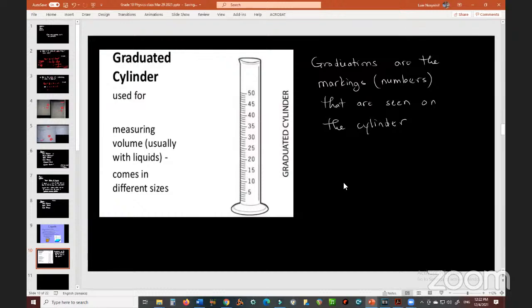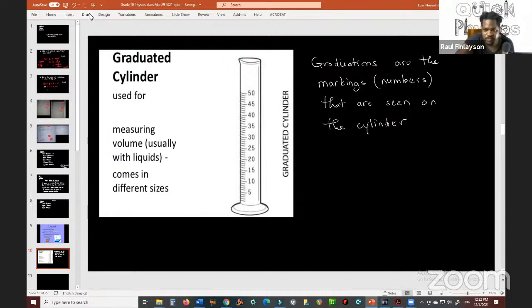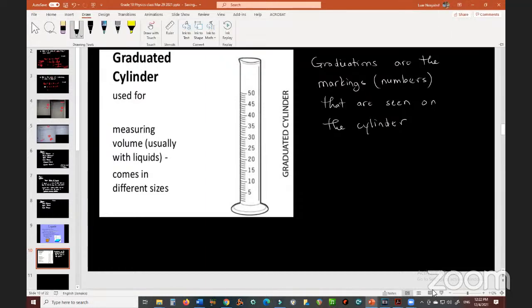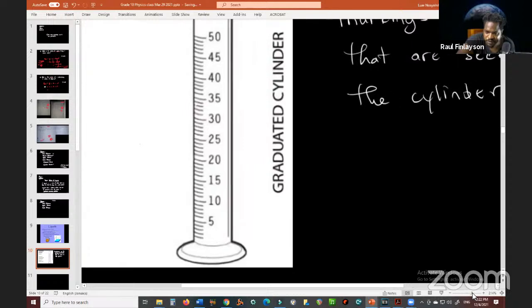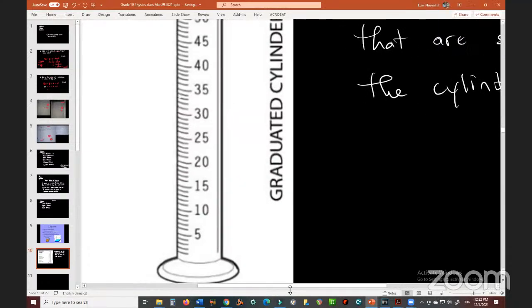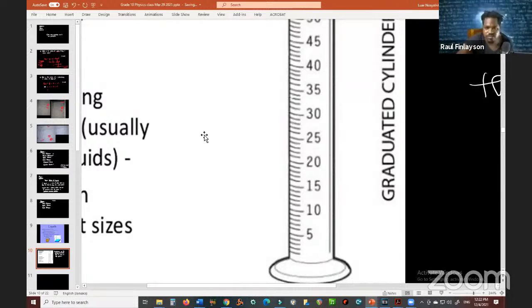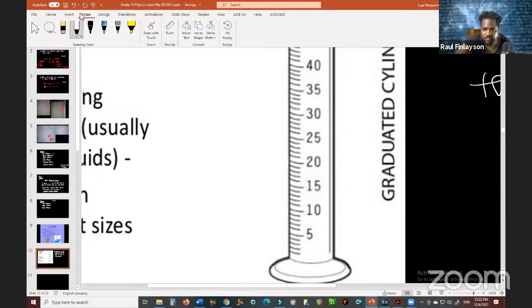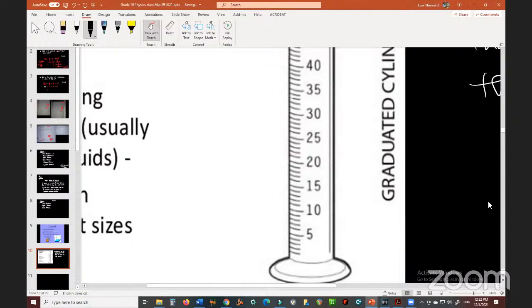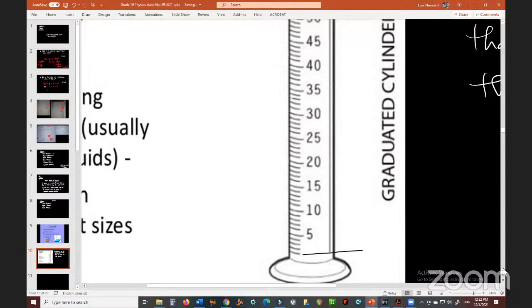Numbers, sir. Very good. What numbers? Any specific number we could call them? Let's zoom into it and see if we can get a closer look. Go ahead, Tiana. Sir, it's still numbering from 1 going up.